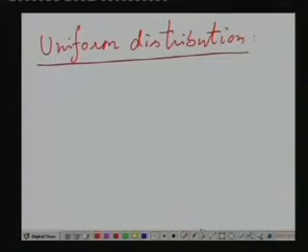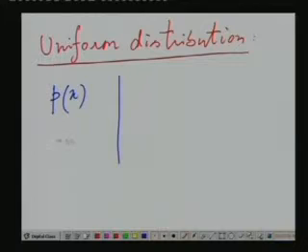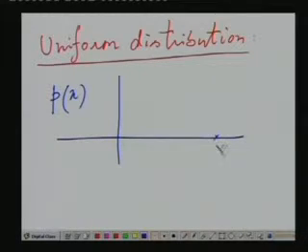Okay, this means in this case, this is something like this, you know, take two numbers x1 and x2, within this the density function has a constant value, but to the right of x2 and to the left of x1 its value is 0.